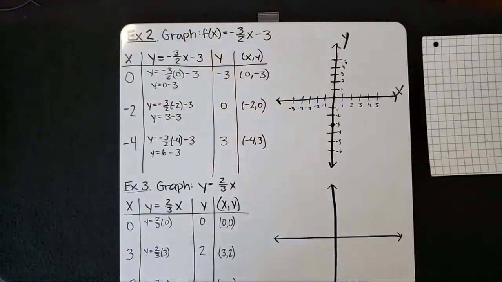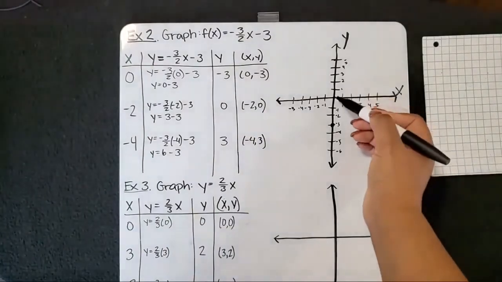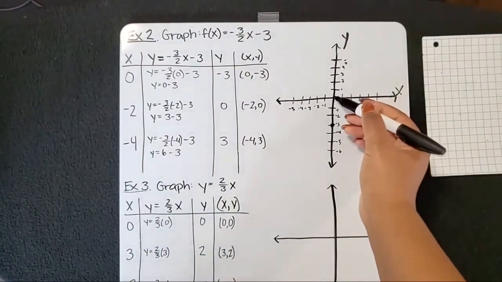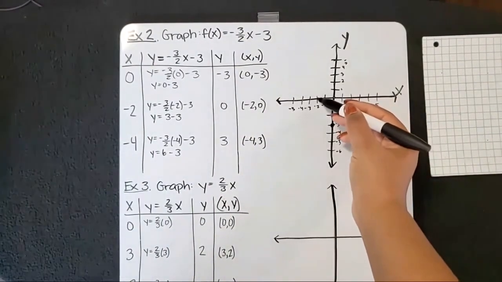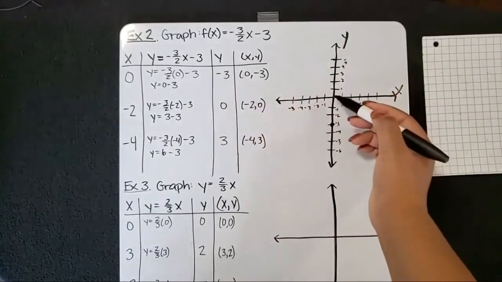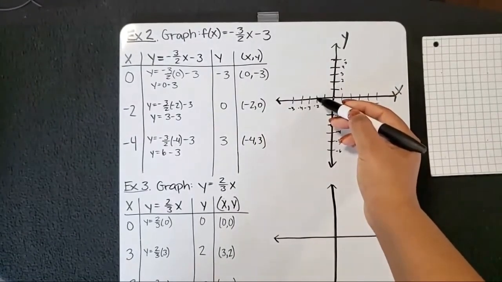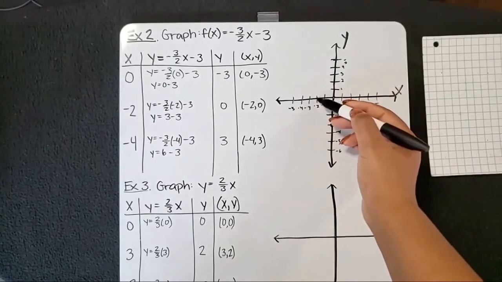For our next point, we have -2, 0. So from our origin, we go to the left to -2, because remember -2 is our x, so we go from the origin over -2, and because our y term is 0, we cannot go up or down, so we just stay right here.